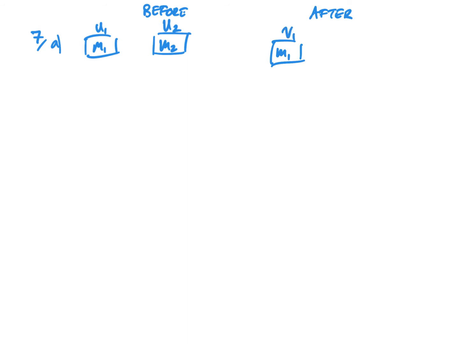We don't know any of the values of these velocities, but we're going to do some algebraic manipulation. The velocities before are called u1 and u2, and after are called v1 and v2. So the total momentum before is m1 u1 plus m2 u2, and it must equal the total momentum after, which is m1 v1 plus m2 v2.